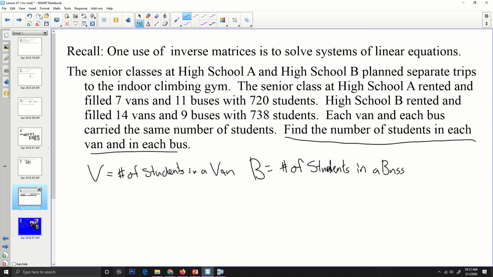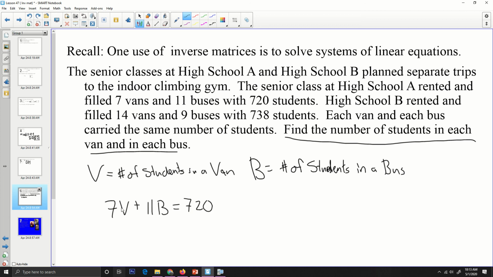So the first one here, if I go 7 times the number of students in a van, I'll have the total number of students in vans, so 7V plus, and if I multiply 11 times the number of students in a bus, I'll have the total number of students in buses, so 11B, and we got 720 students there.